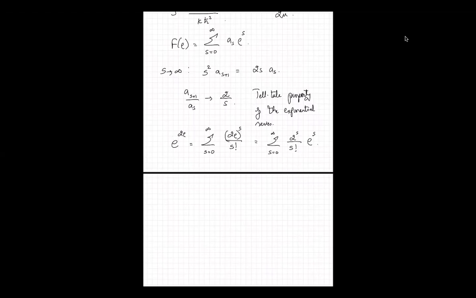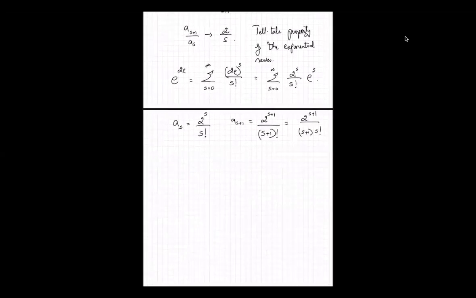Okay. So what are the coefficients? The coefficient of the sth term of this series is 2 to the s over s factorial. And the coefficient of the s plus 1th term is obviously 2 to the s plus 1 divided by s plus 1 factorial. And as you very well know, this is 2 to the s plus 1 divided by s plus 1 times s factorial, right?